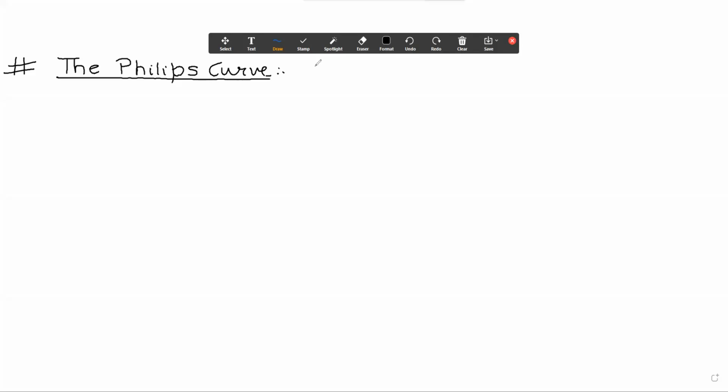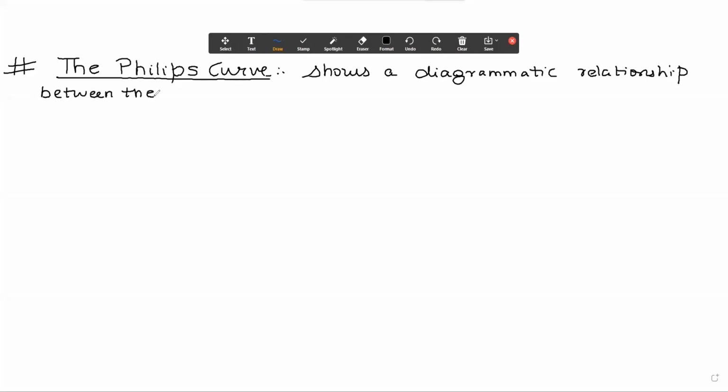The Phillips curve shows a diagrammatic relationship between inflation and unemployment in the economy.